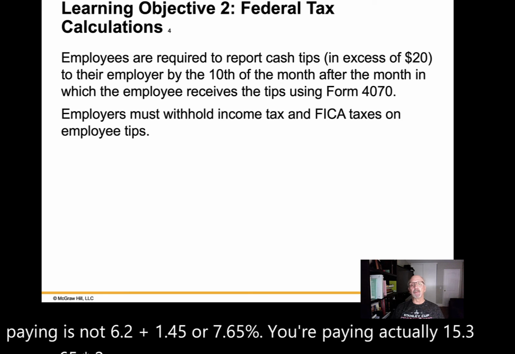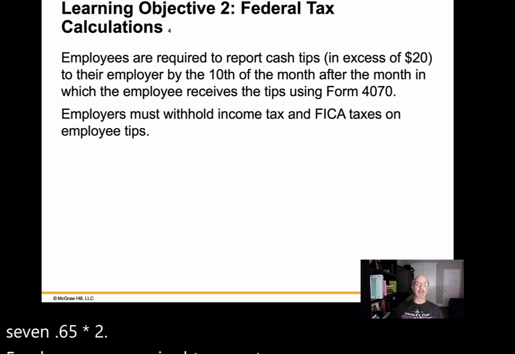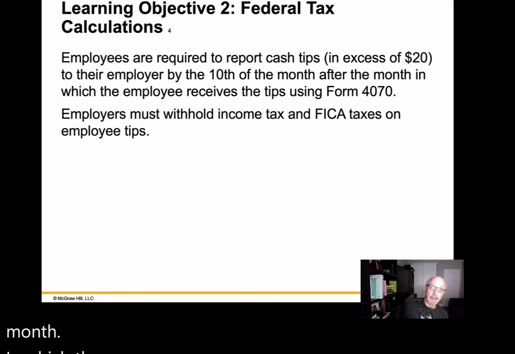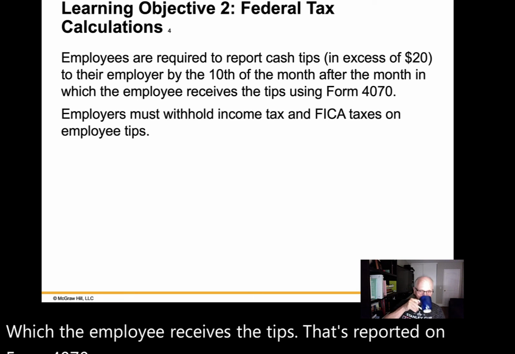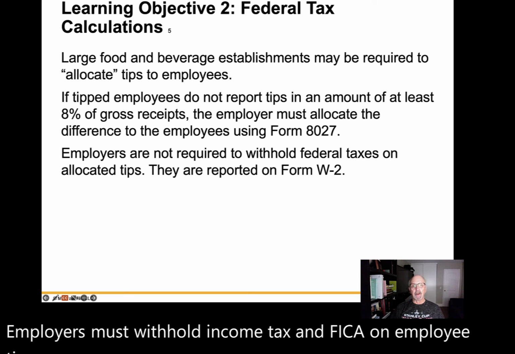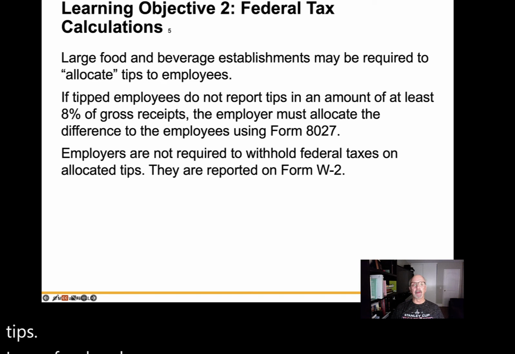Employees are required to report cash tips in excess of $20 to their employer by the 10th of the month after the month in which the employee receives the tips. That's reported on Form 4070. Employers must withhold income tax and FICA on employee tips. Large food and beverage establishments may be required to allocate tips to employees.